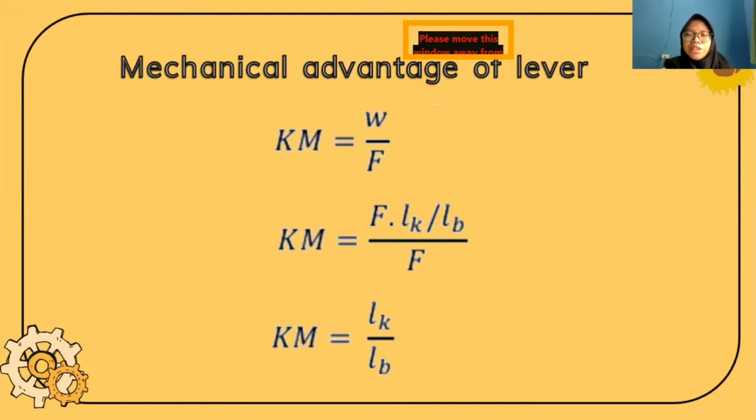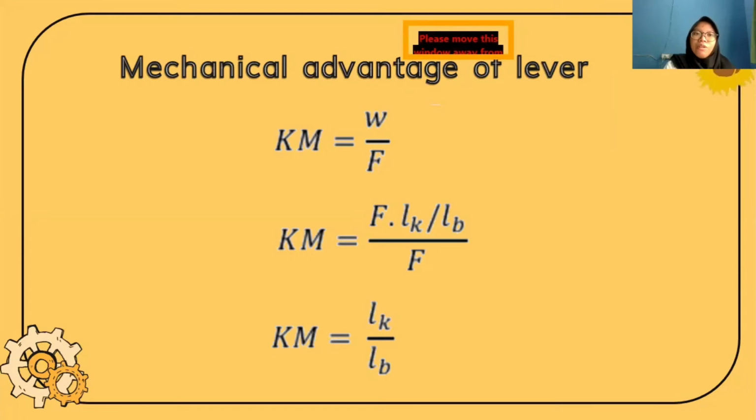Why we use these steps to revise our catapult is based on the mechanical advantage of lever formula. Mechanical advantage is the ratio of the output force divided by the input force. It means that if mechanical advantage is more than 1, the output force is bigger than the input force.